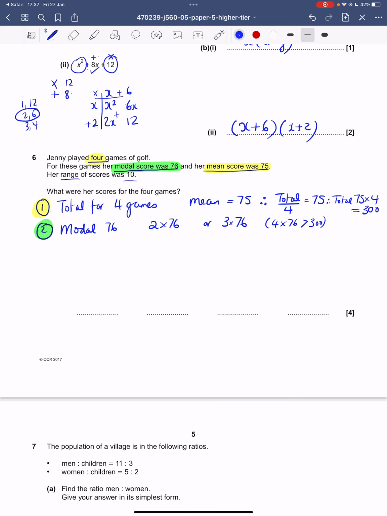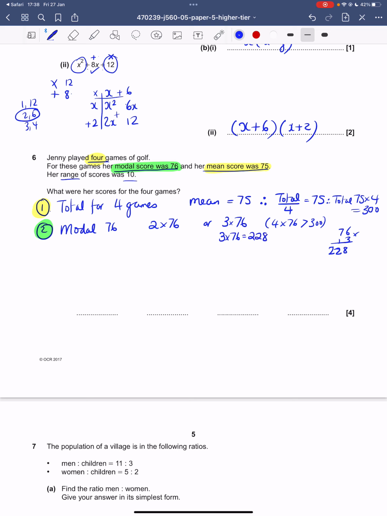If we've got 3 times 76, 76 times 3: 3 6s are 18, 3 7s are 21 plus 1, 22, so 228.